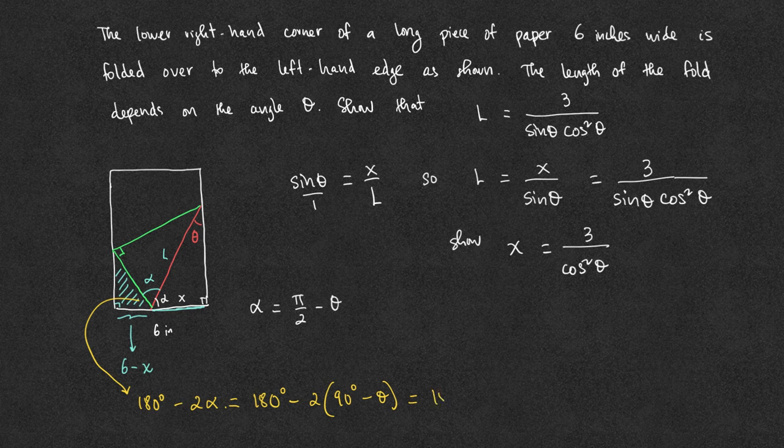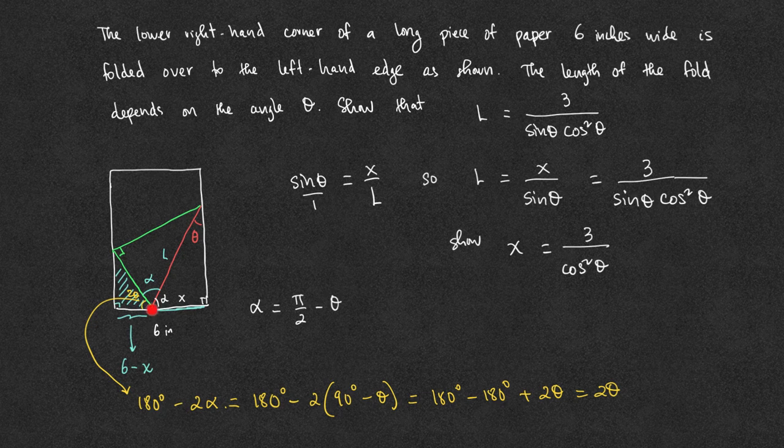This is 180 degrees minus 180 degrees plus 2 theta. So this is 2 theta. Although this is not drawn to scale, this angle in the lower right triangle is 2 theta. So we will use the double angle formula.